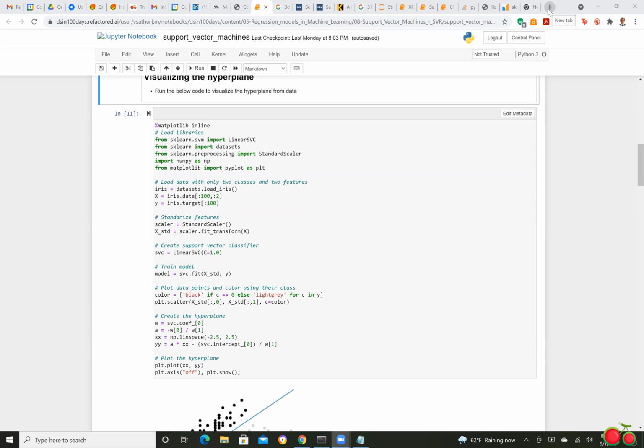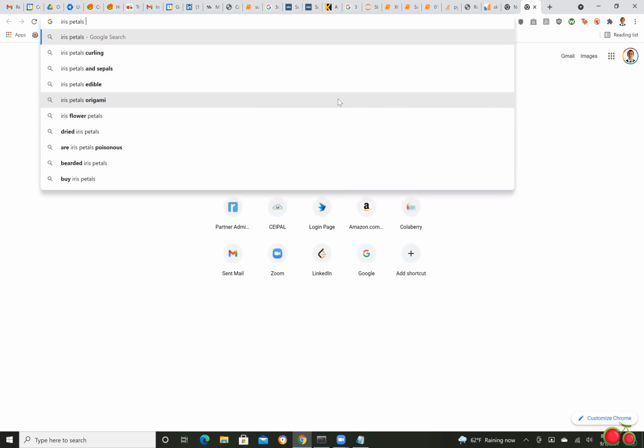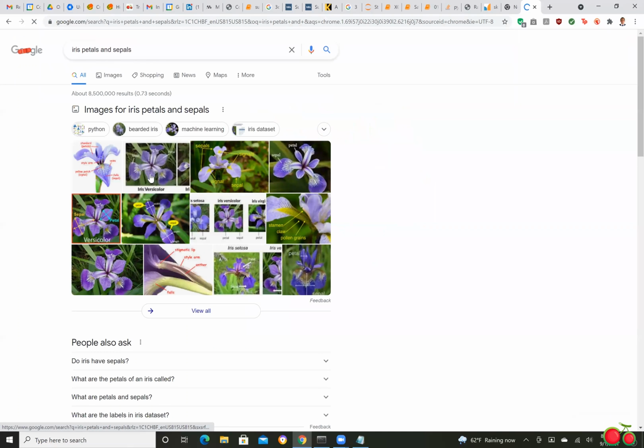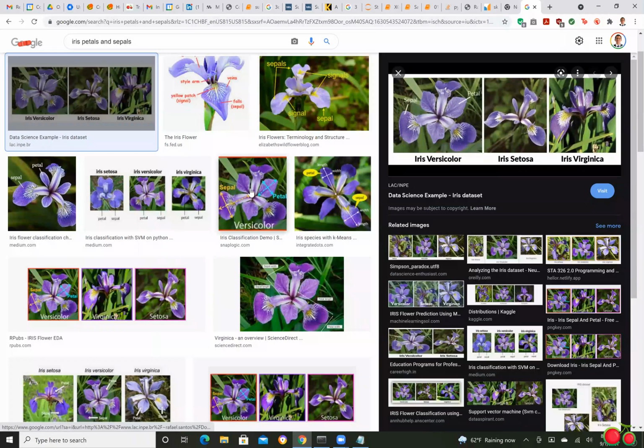Right. So let's just quickly look at iris petals and sepals. Yep. So if this is my iris flower, right?